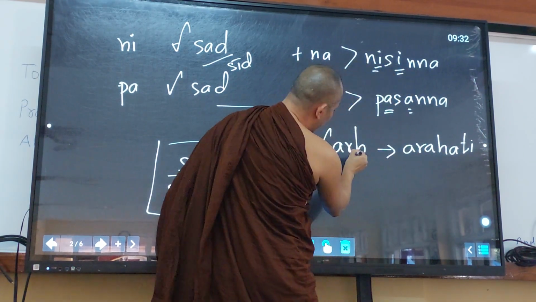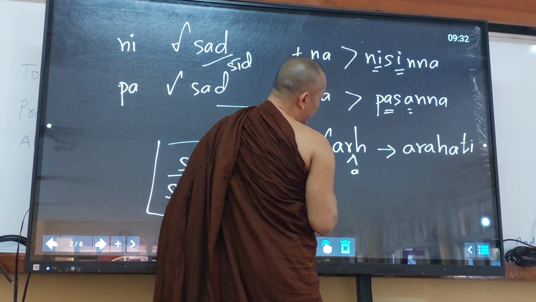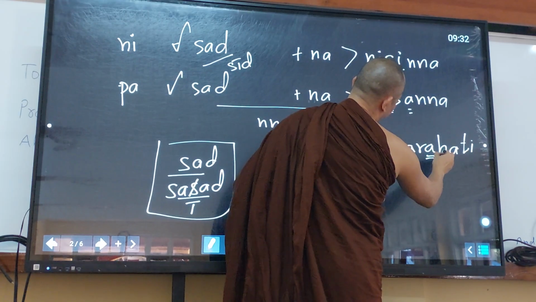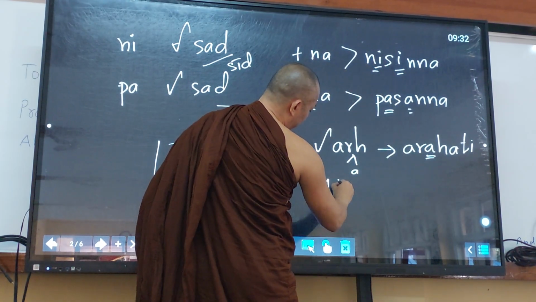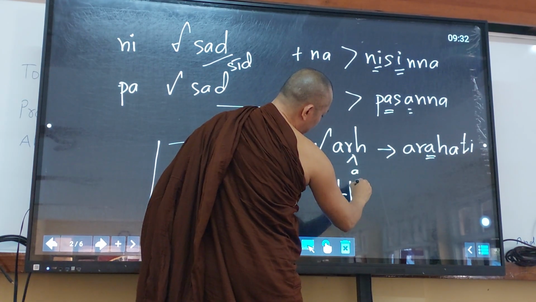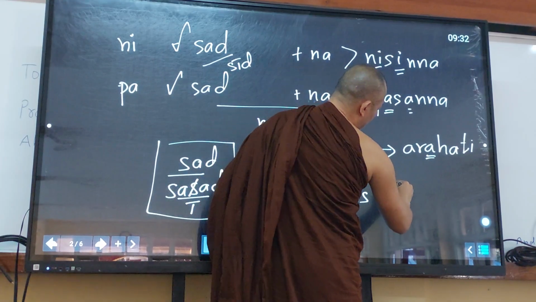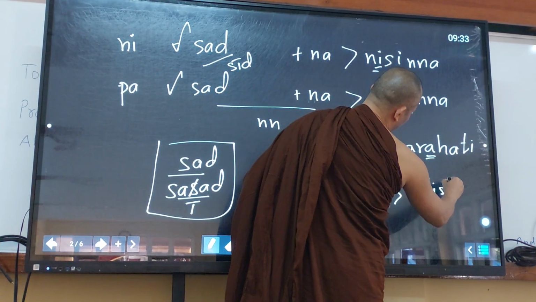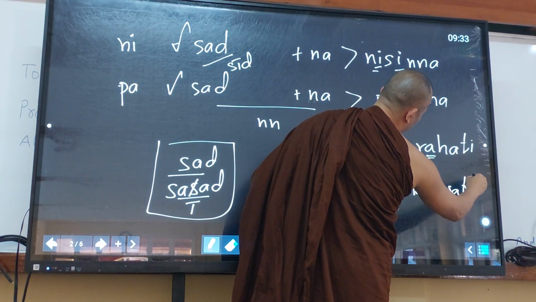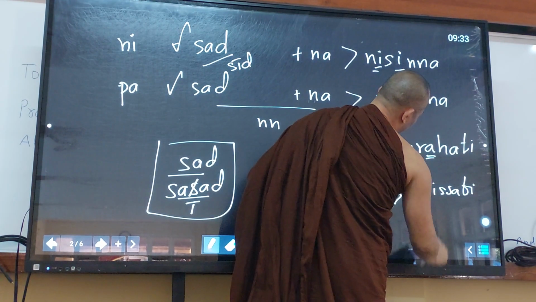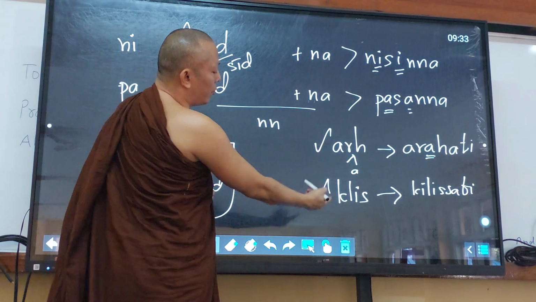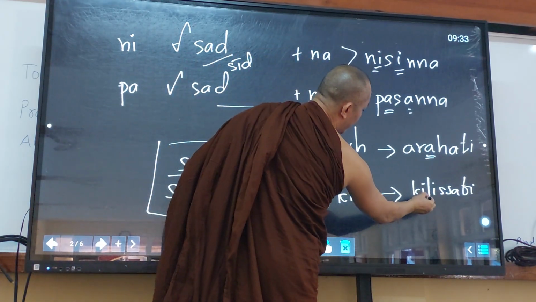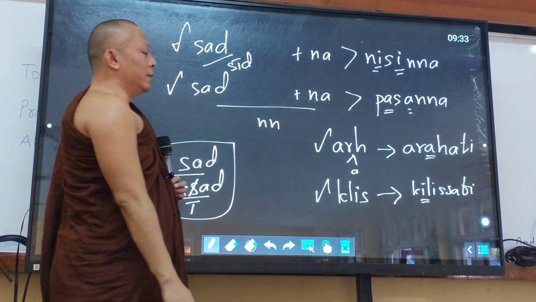So between here, a is inserted. And then from the root gal, it is inserted.